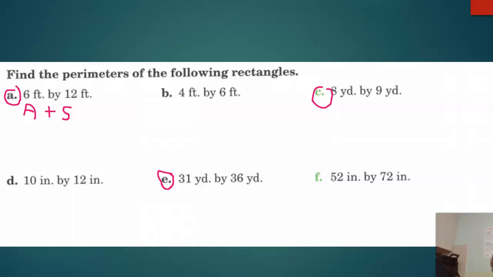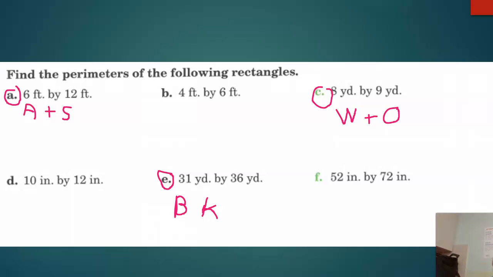For letter C, I would like Wesley and Olivia to come and work on letter C on the board. So Wesley and Olivia. And I would like for Bella and Kyle to come and work on letter E on the board. And everyone at your seats do A, C, and E.